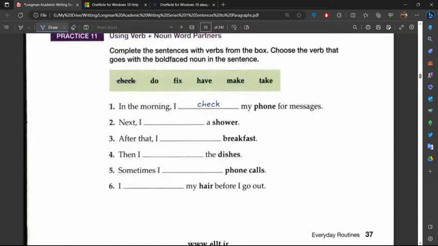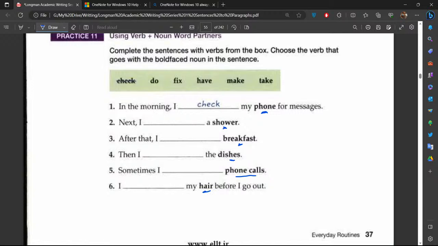Complete the sentences with the verbs from the box. Choose the verb that goes with the bold-faced noun in the sentences. Okay, so we have these verbs here, and now here are nouns. These are bold-faced. We will have to see which one goes better with them.